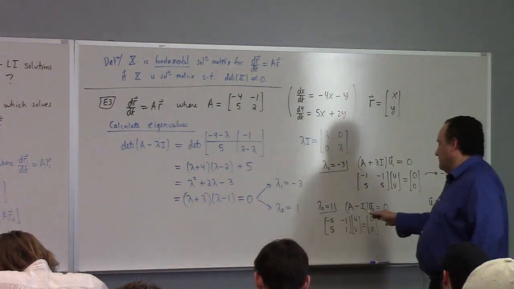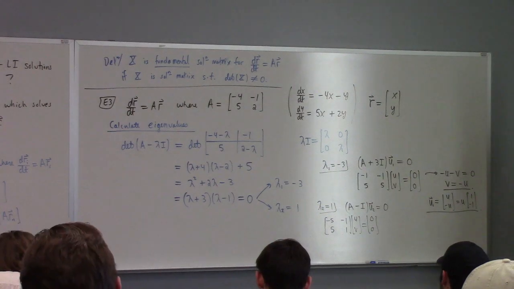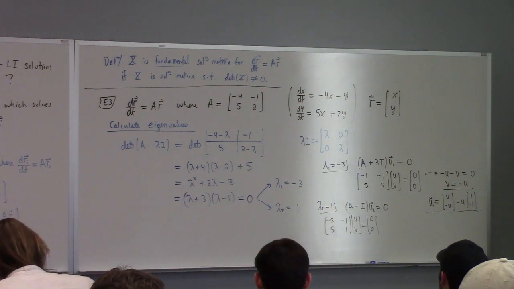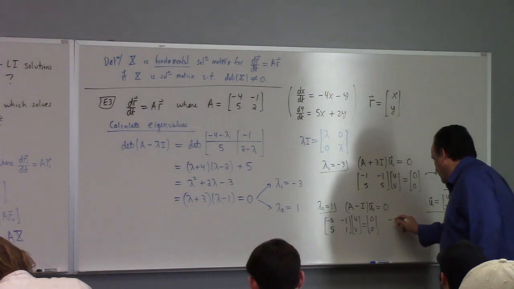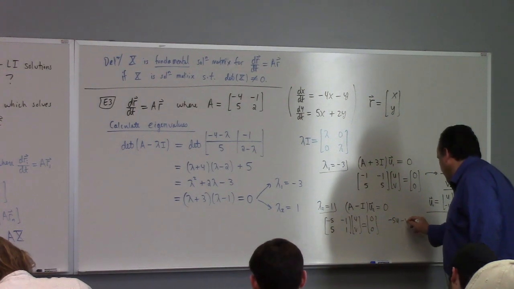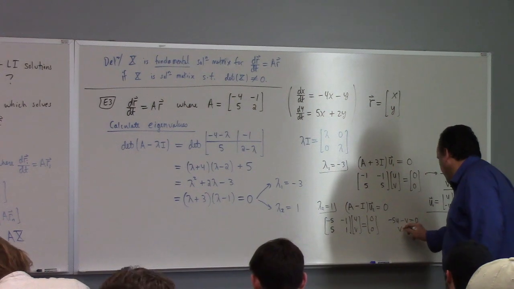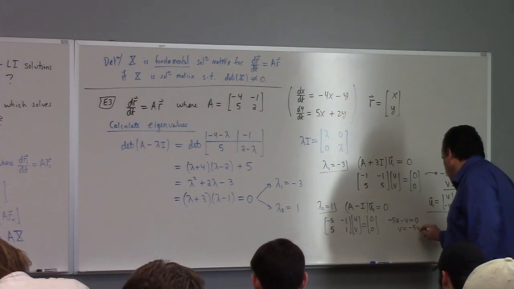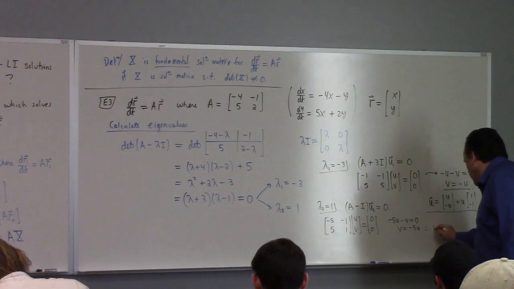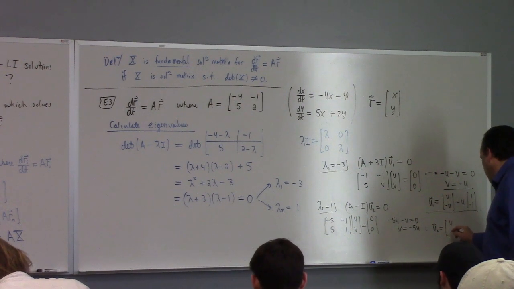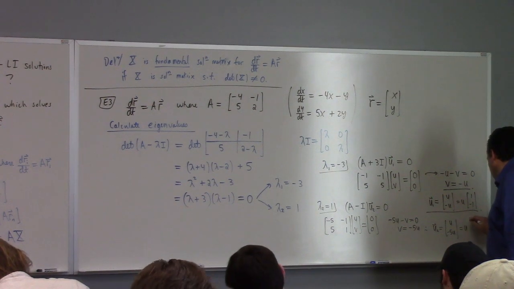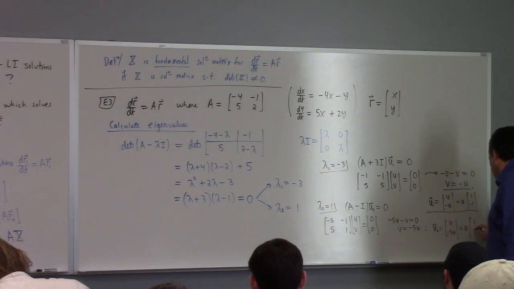Once more, you can see that we have the same equation twice, right? Pick whichever one you want. Minus 5u minus v equals 0. I'm going to solve for v: v is minus 5u. So therefore, my u2 is (u, minus 5u). I can factor the u out. I've got any multiple of (1, minus 5).